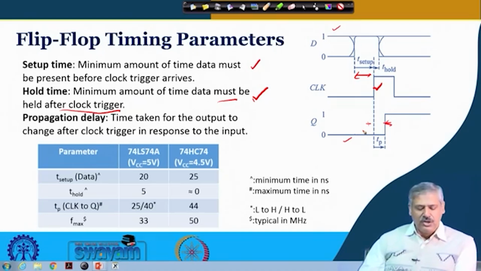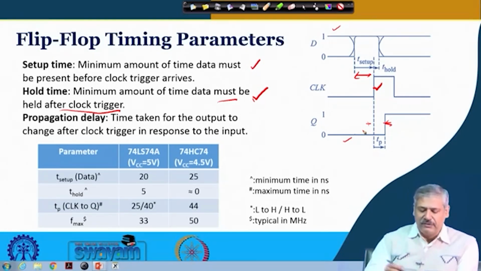To get an idea about the practical values, we take some ICs or circuits that are used: a D flip-flop, one from the TTL family and another from the CMOS family. In the TTL family, the setup time, all in nanoseconds, is a minimum of 20 nanoseconds, and the hold time is 55 nanoseconds.